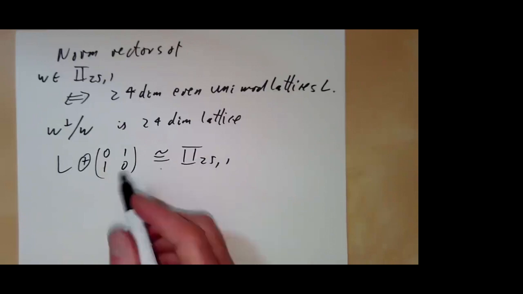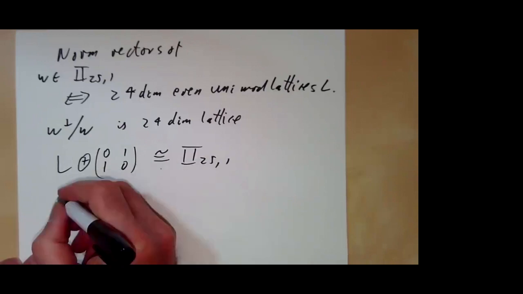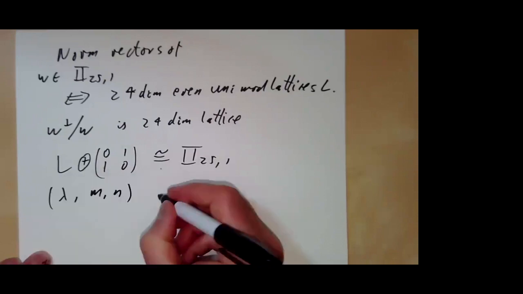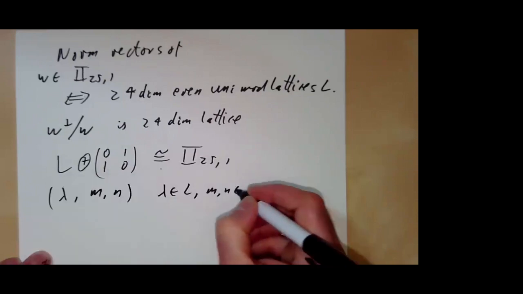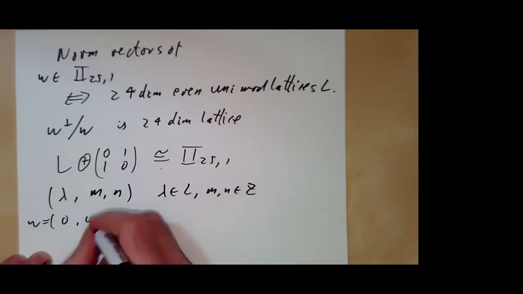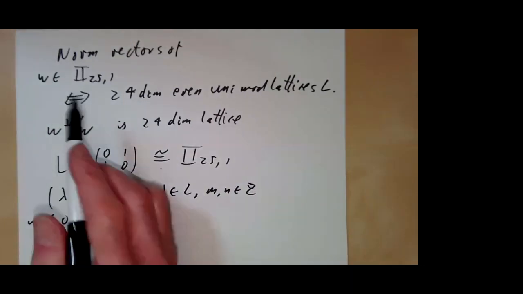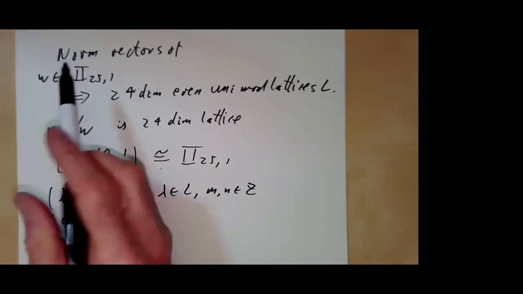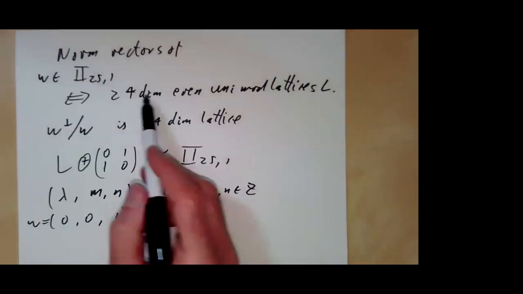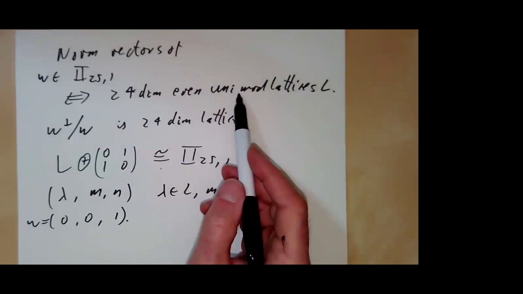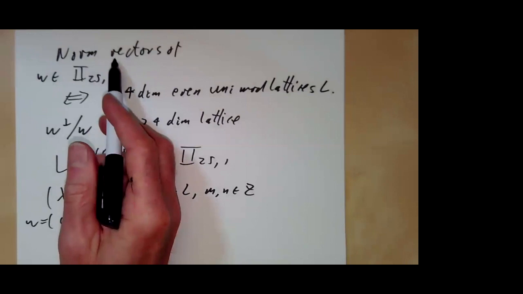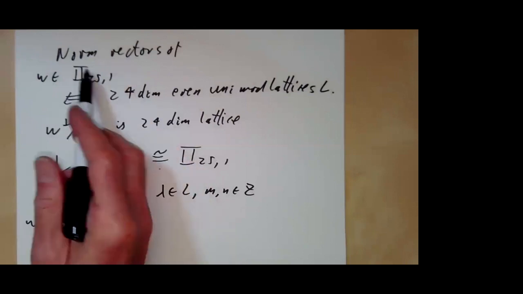And here, if we take coordinates to be of the form lambda, m, n, where lambda is in L and m and n are integers, then we can take our vector W to be 0, 0, 1. So norm 0 vectors of this lattice correspond to 24-dimensional even unimodular lattices. And as I said, they also correspond to Euclidean subdiagrams of the reflection group of this lattice.